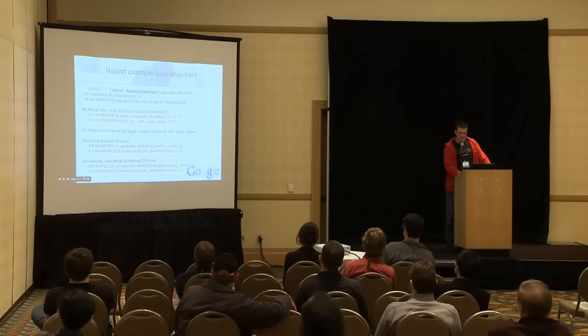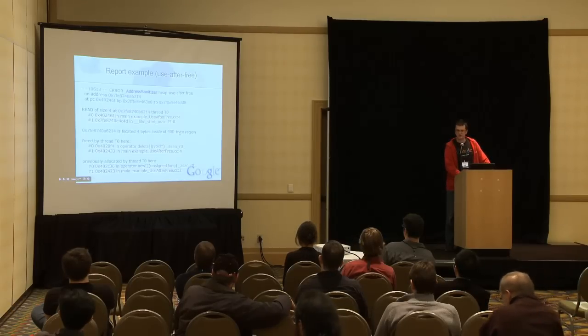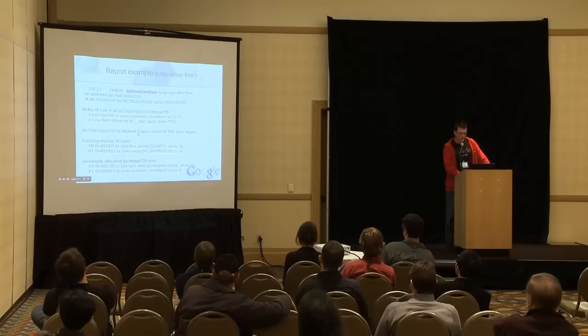Then it gives you a position inside the allocated or deallocated region. This time it was inside a 400 byte region, and it also gives the offset. And then it gives the stack trace. In this case, it gives you the stack trace where the memory was deallocated and also the stack trace where the memory was allocated before that.